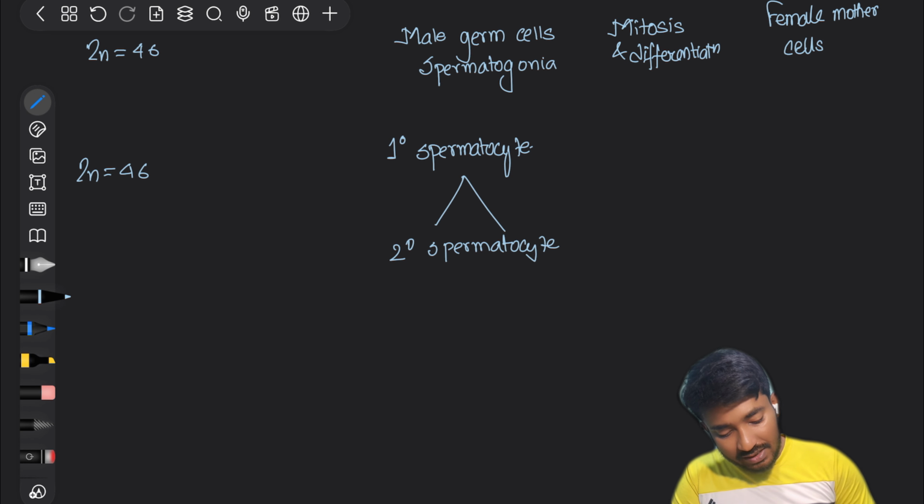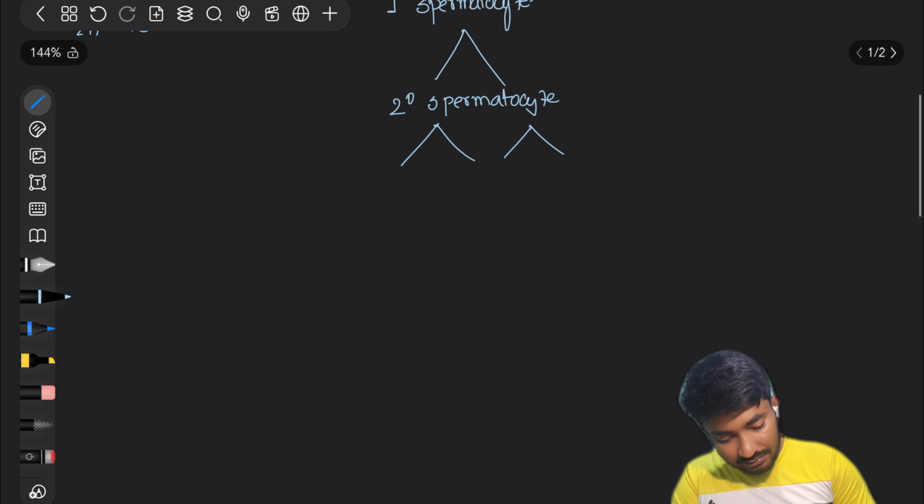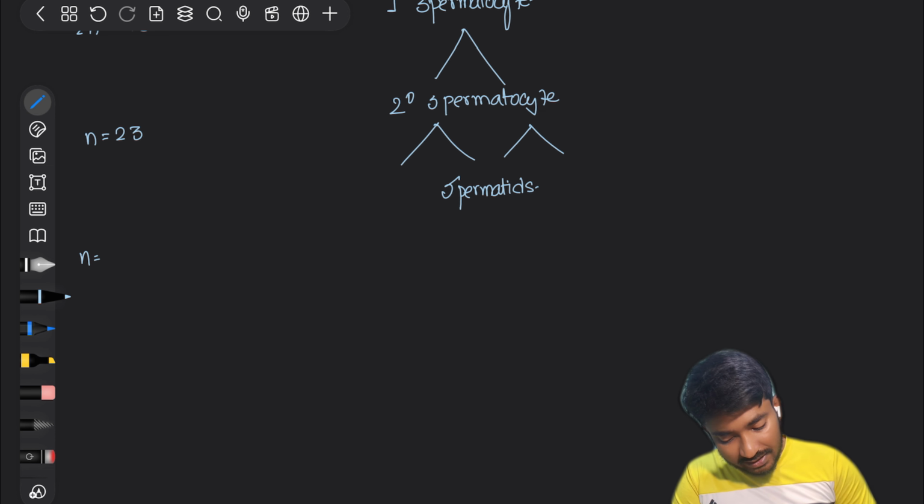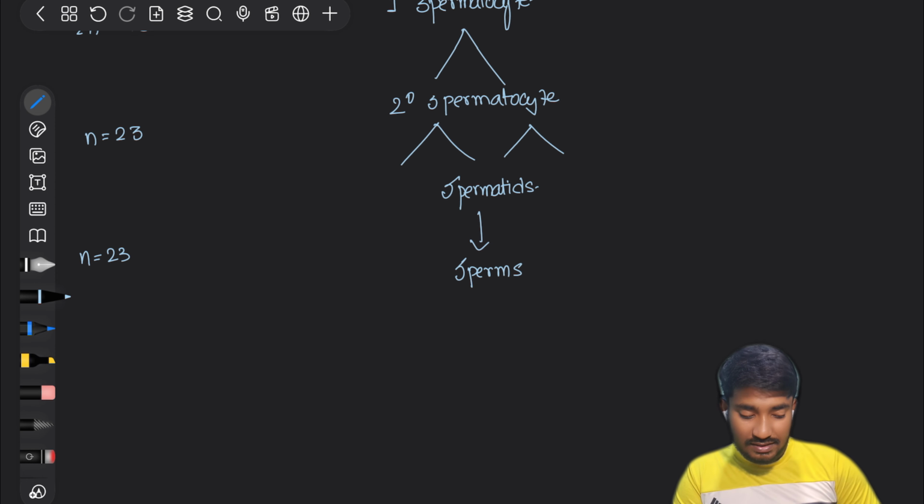The secondary spermatocyte divides into two spermatids. This is the n equals 23 stage. The spermatids are again transformed into sperms.